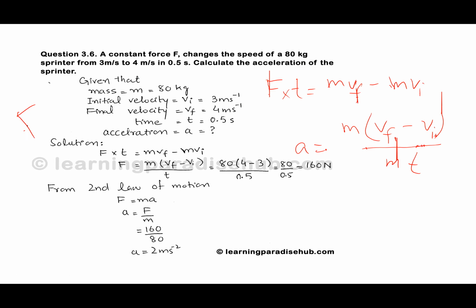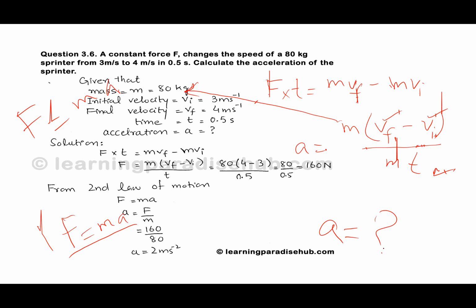In place of F, put F is equal to ma. So by using the equation, mass is given, initial velocity is given, final velocity is given, time is given, so you can find acceleration, which is 2 meter per second squared.